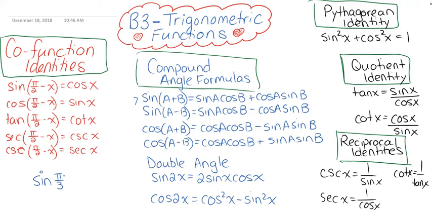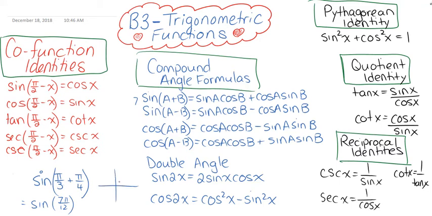Cool. But if we actually had a combo like pi over 3 plus pi over 4, and we wanted to solve that, well, if we add those values together we would get 7 pi over 12. And I know that I don't have a special triangle for 7 pi over 12.